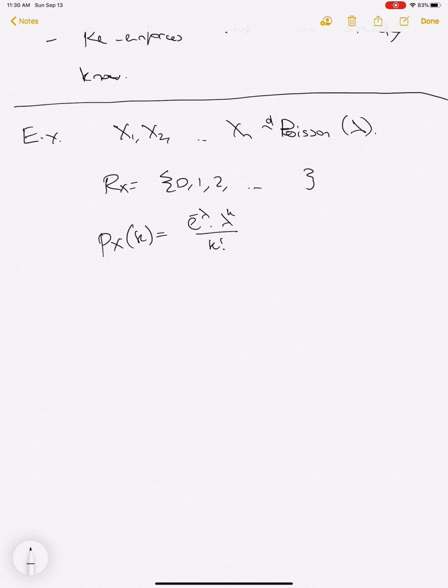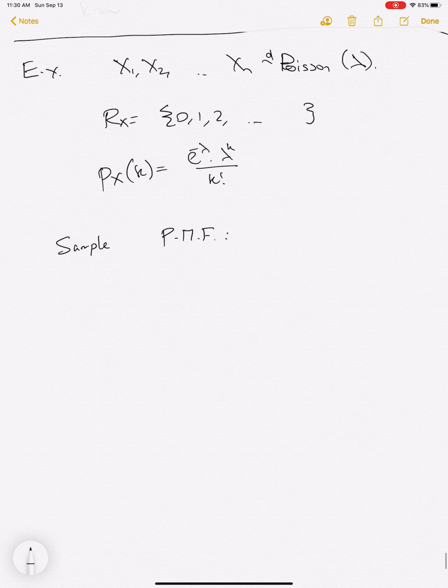Okay, now as we know, the sample PMF is given by this definition. So the definition of the sample PMF is the indicator that xi equals k.